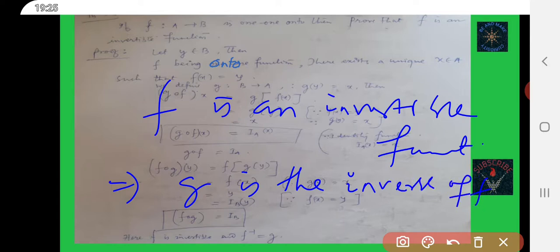So we can write g is equal to f inverse.